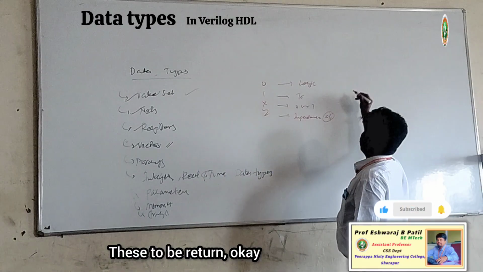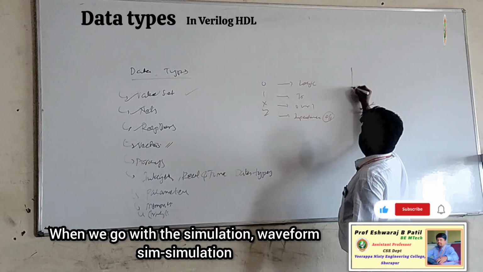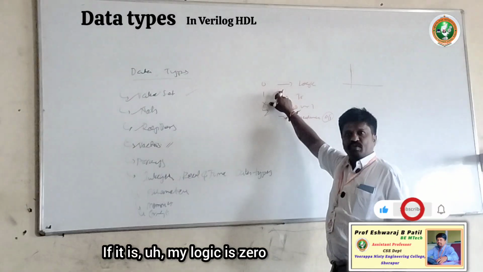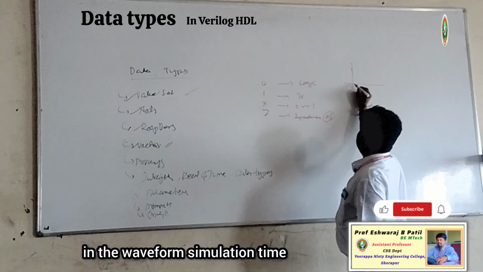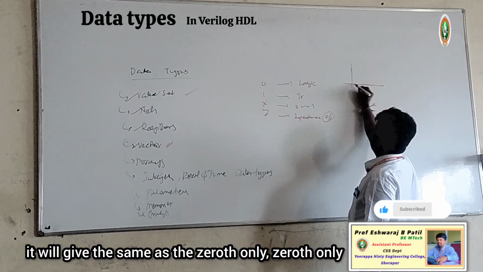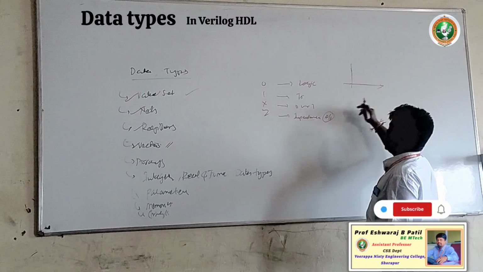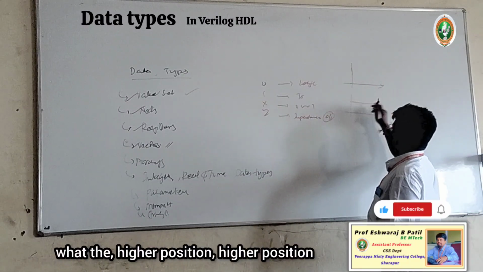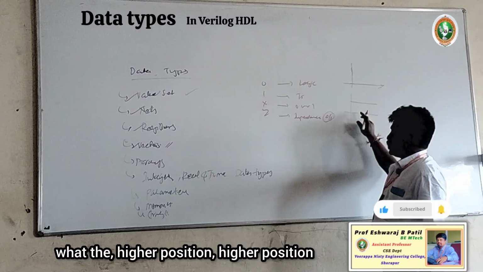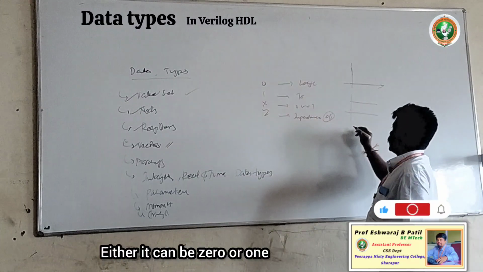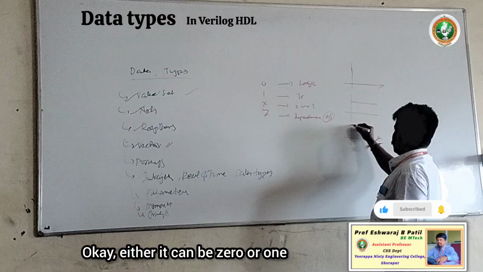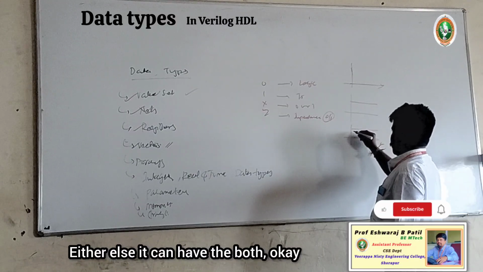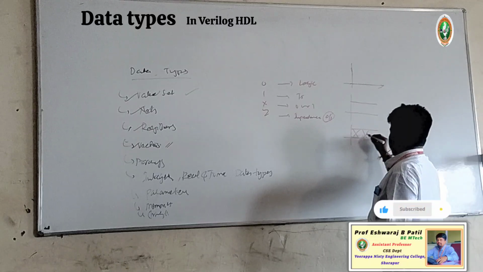When we go with the waveform simulation, if my logic is 0, in the waveform it will show the same as 0 only. If my value is 1, then my simulation waveform will be in the higher portion. If my value is x, either it can be 0 or 1, x is don't care, or else it can have both.